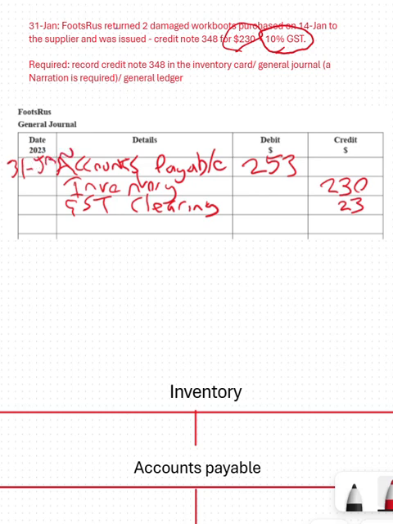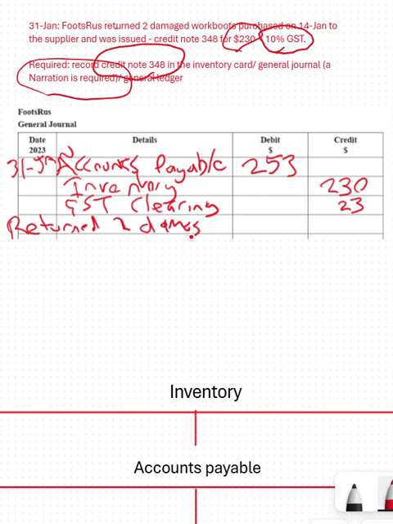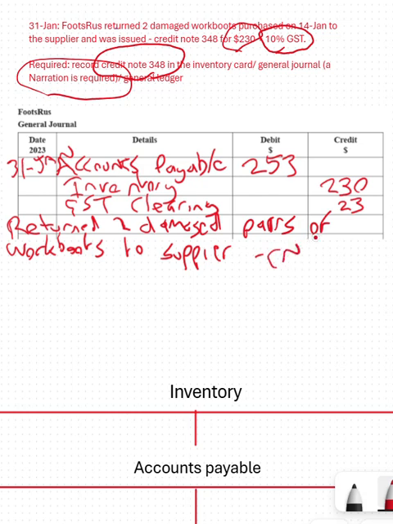If we were asked for a narration, as I've got here, the key things we need to do is we certainly need to cite the credit note 348, and then we just need a basic descriptor. So: returned 2 damaged pairs of work boots to supplier, dash credit note CN 348.